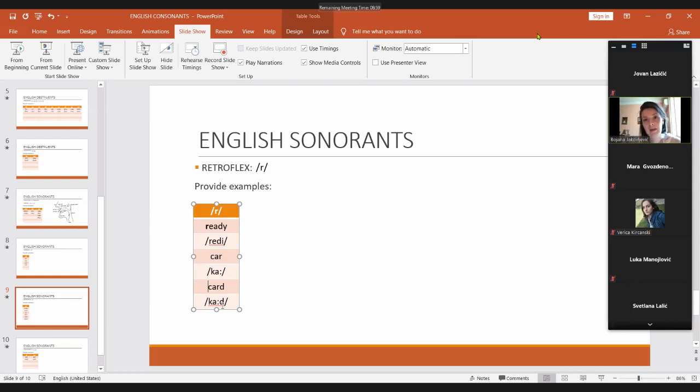Just be careful about transcription. So when we start transcribing, be consistent. Decide, okay, I want to transcribe the words in a British manner or in an American manner. Don't mix these two up.